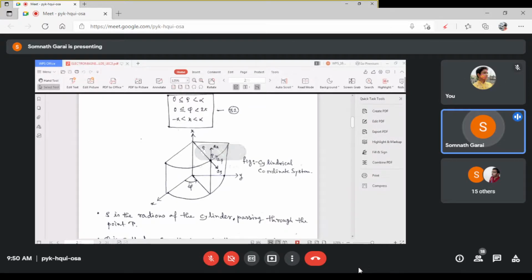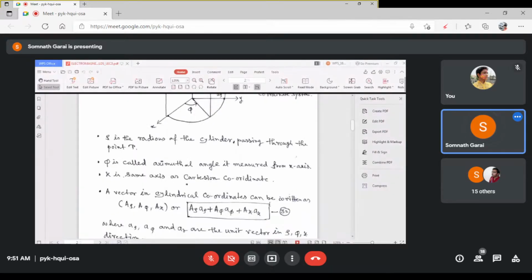If starting from here and the angle is measured to that point, it is maximum 360°. That's why the value of phi goes from 0 to 2 pi, and z is similar to the Cartesian coordinate. Got my point? Clear to all? Yes, sir.